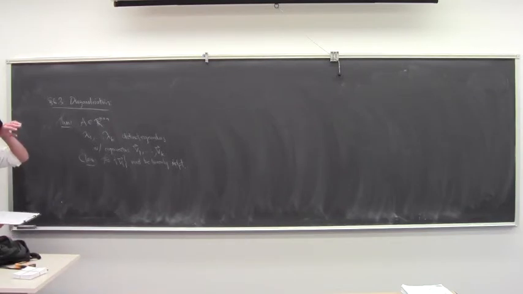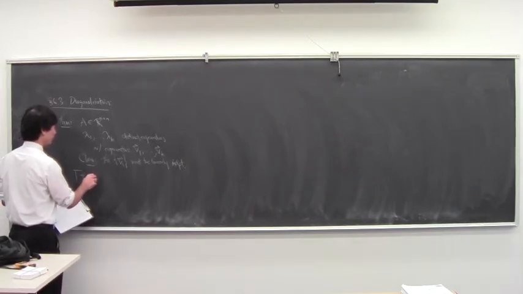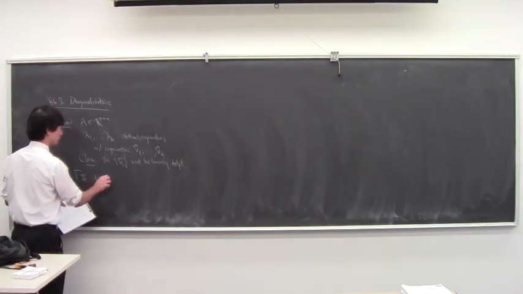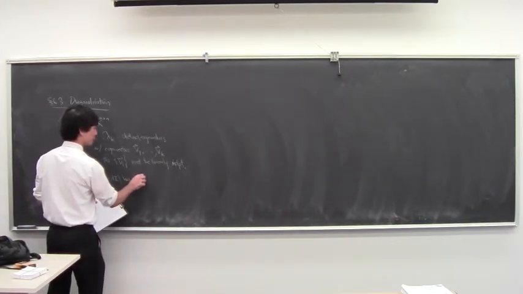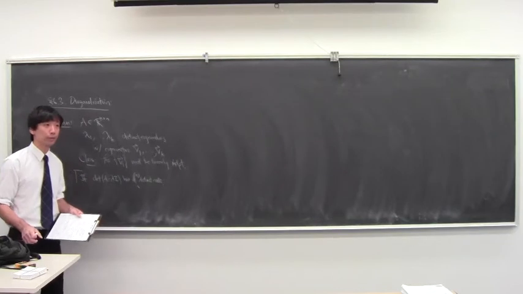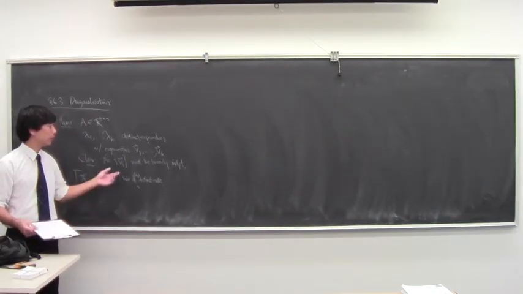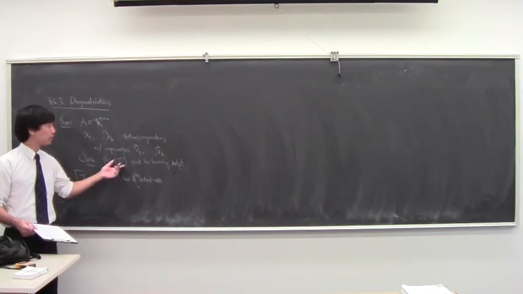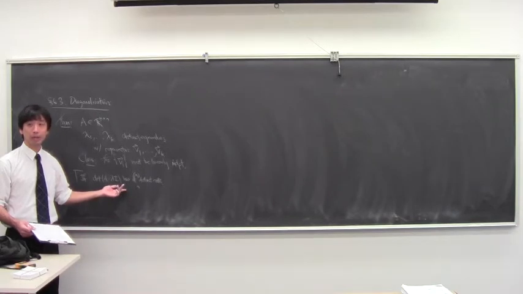Okay. So, for example, as a consequence of this, if the characteristic polynomial has all distinct roots, if your characteristic polynomial has no repeated roots, then if you take the eigenvectors corresponding to those distinct roots, you would have n independent eigenvectors.